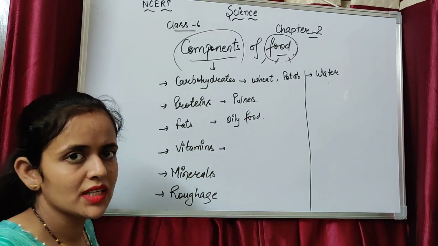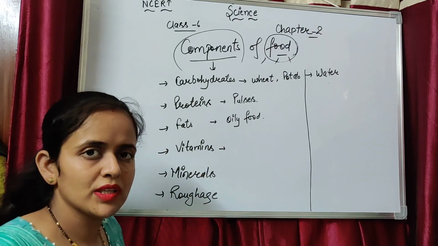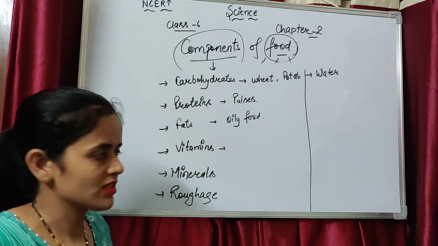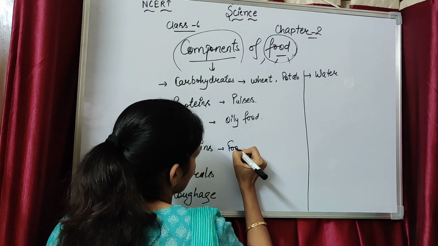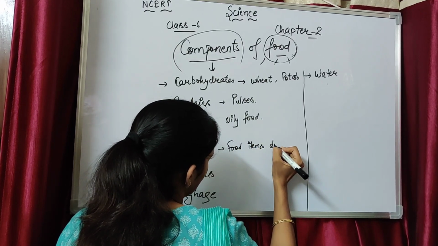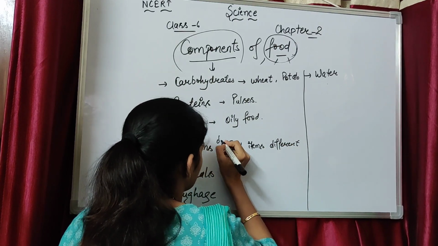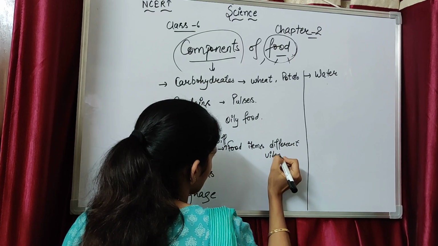Different food items contain different vitamins. For example, vitamin C is present in citrus fruits, which are tangy in taste. So different food items contain different vitamins.